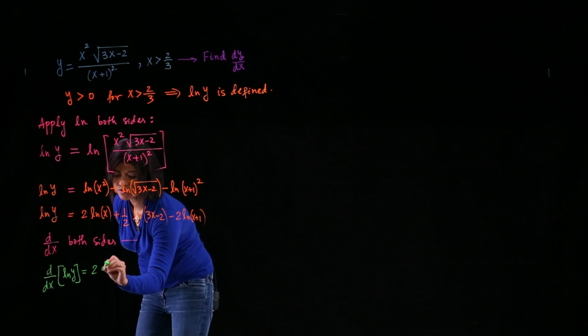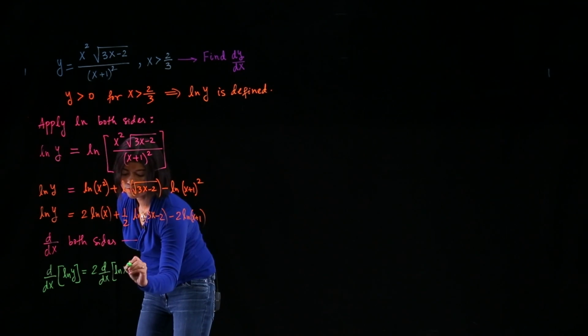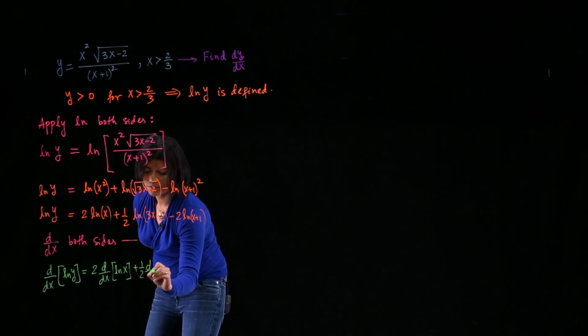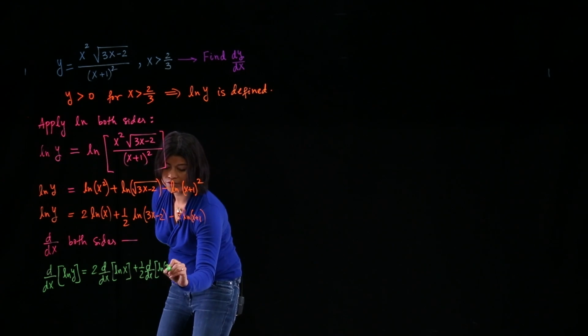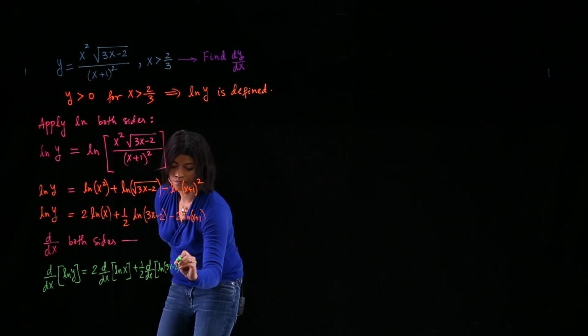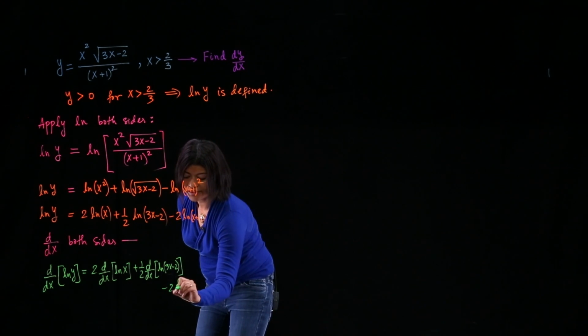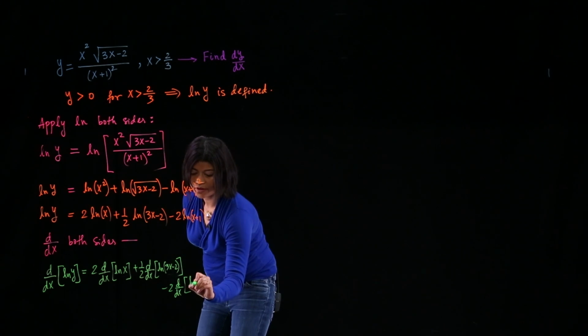So 2 times d/dx of ln x, plus 1/2 d/dx of ln(3x minus 2), minus 2 d/dx of ln(x plus 1).